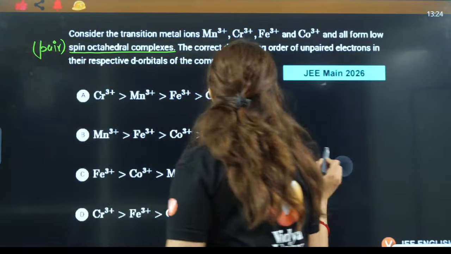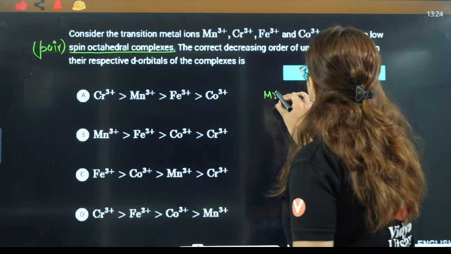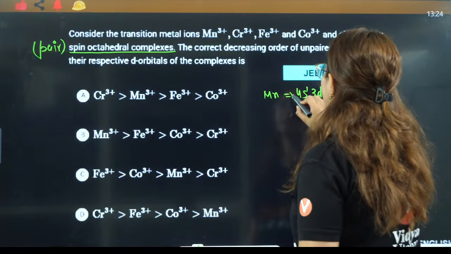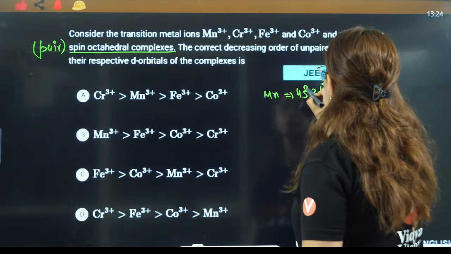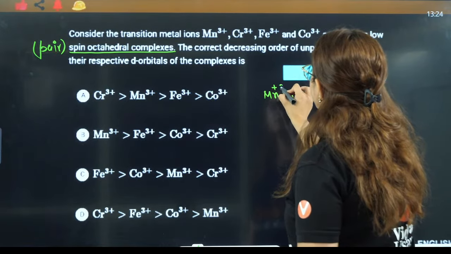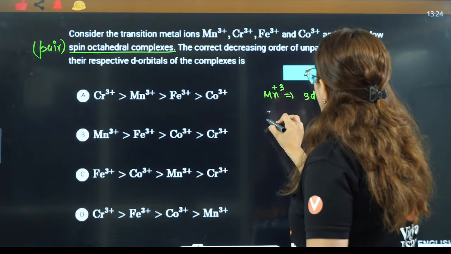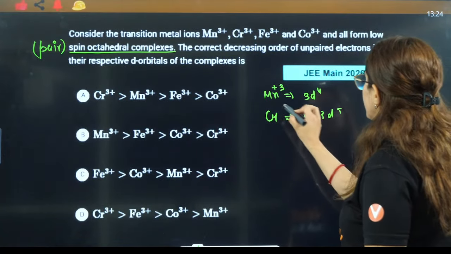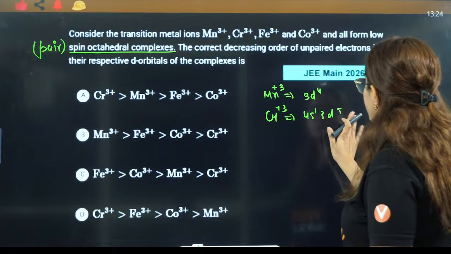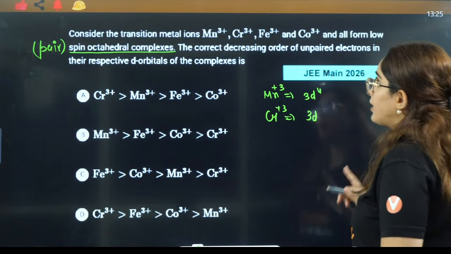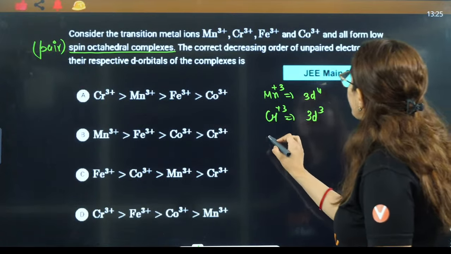Manganese is 4s2 3d5. Taking out 2 from 4s and 1 from d, manganese plus 3 becomes 3d4. Chromium is 4s1 3d5; you take out 3 electrons, this becomes 3d3.